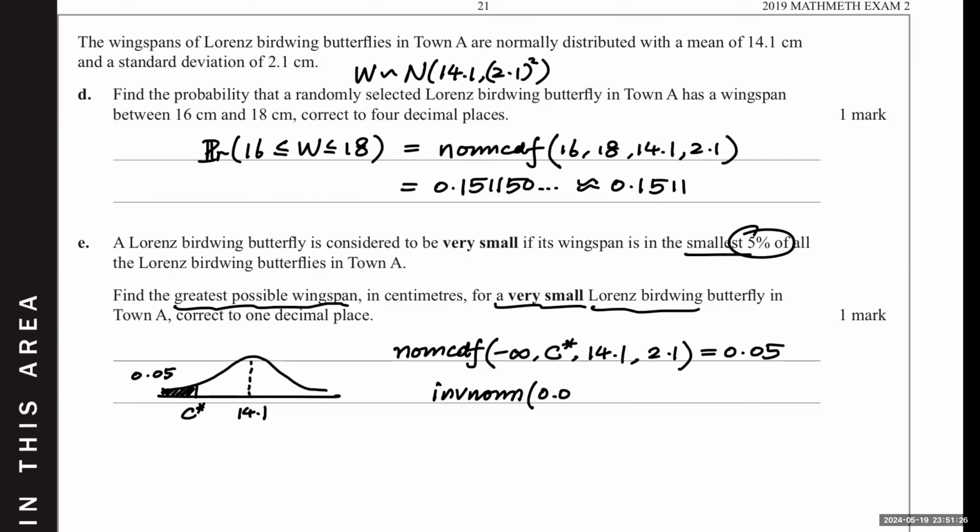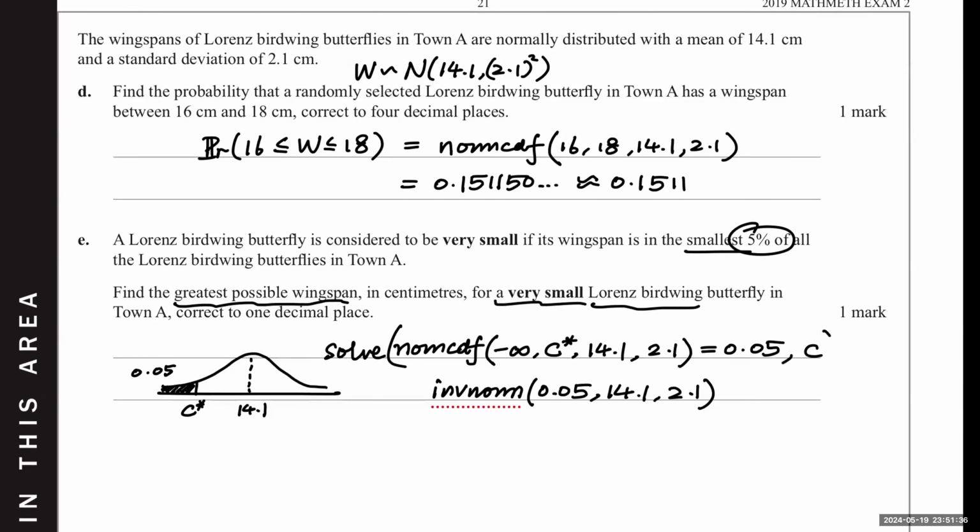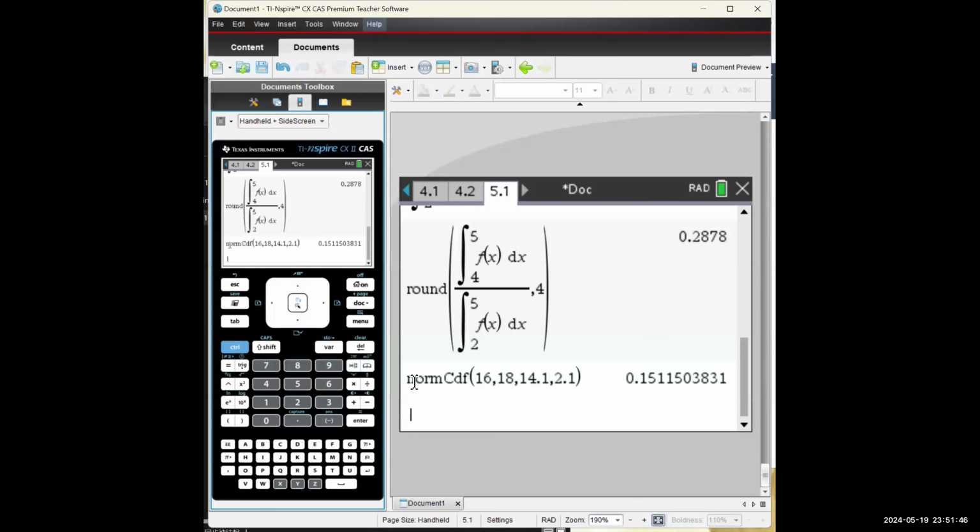The left tail is 0.05. The mean value is 14.1 and 2.1. You could either solve the first equation for c, and c is definitely a positive value, or use inverse norm CDF. So let's look at the CAS calculator. You can see now I actually calculated this value already.